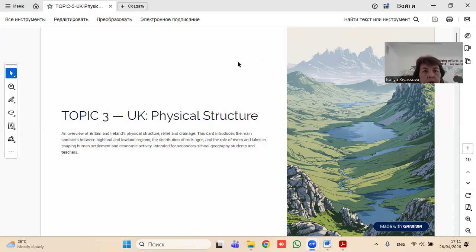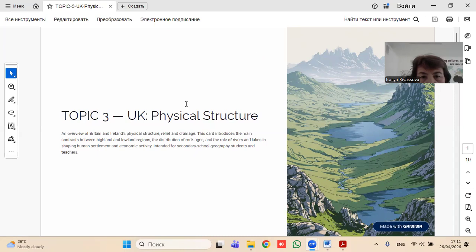Today we have topic 3. It is about the United Kingdom's physical structure, an overview of Britain and Ireland's physical structure, relief, and drainage.